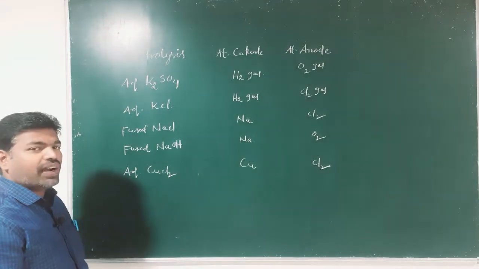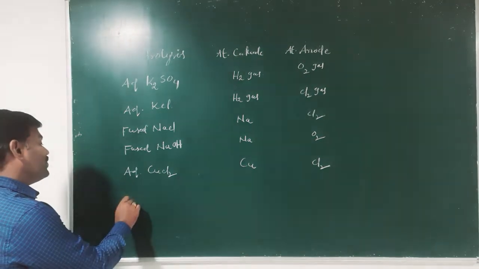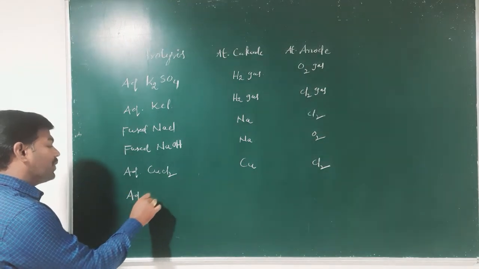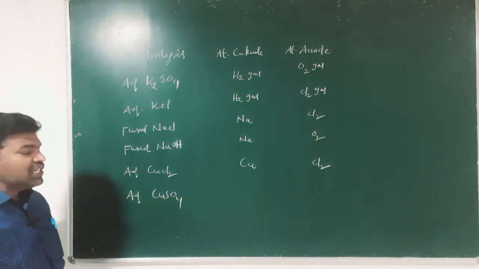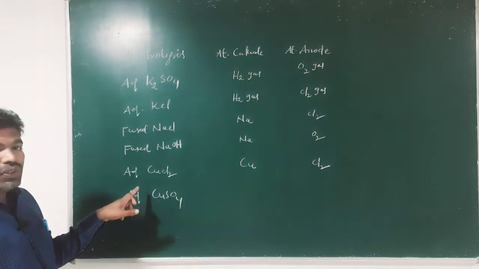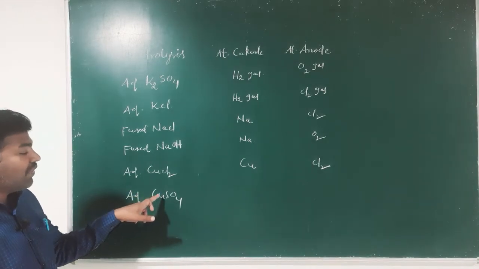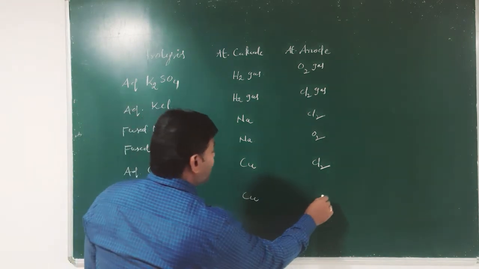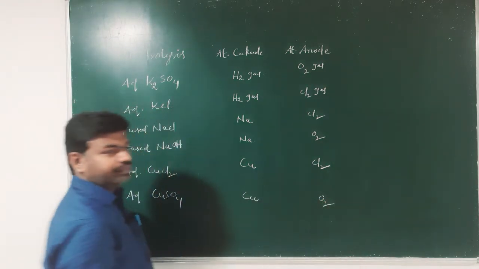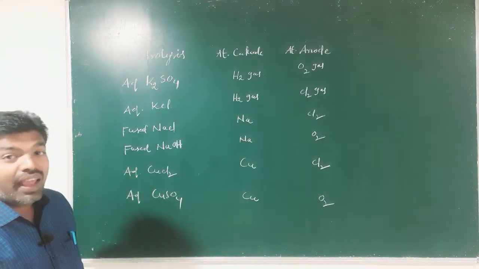And another example, aqueous solution of copper sulfate. If we electrolyze it, we get copper at the cathode and O2 gas at the anode.